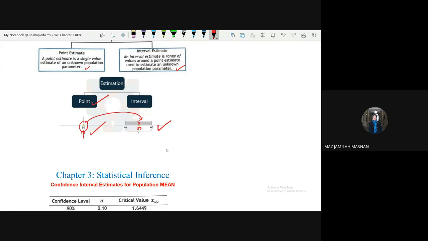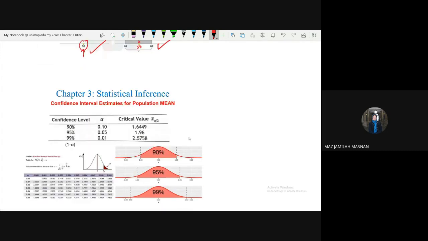Now, I'm a bit jumping here and there because I need to give you the clear picture of how chapter 3 works. For those subchapters or paragraphs that I did not touch on specifically, I want you to read on your own and try to relate them to my explanation.